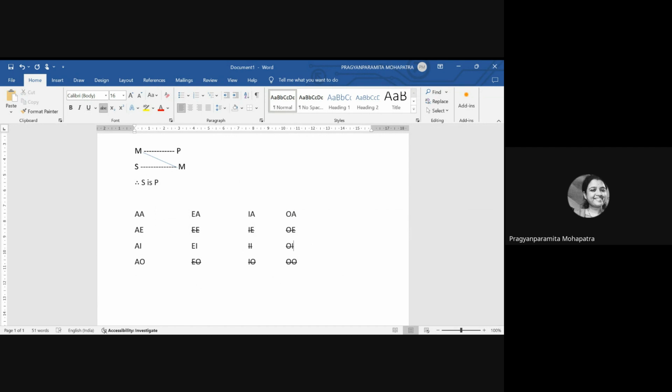So what are we left with? I am just removing this now, deleting the conditions which are violating the rules.